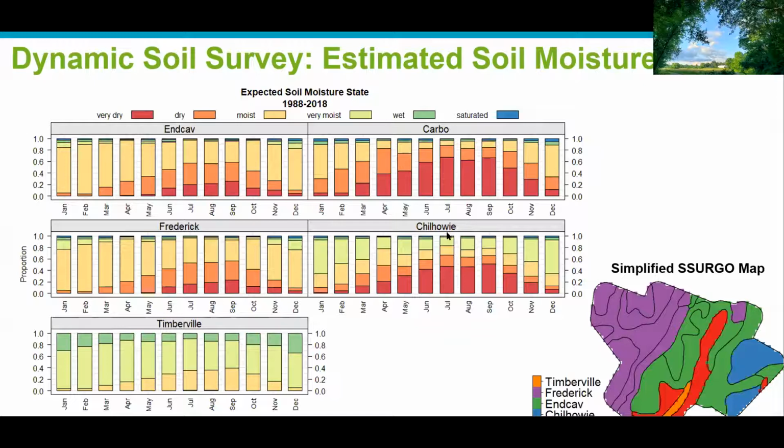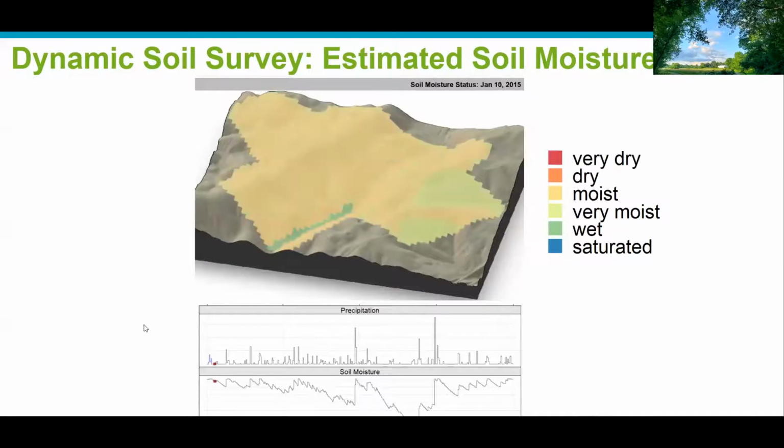And you can look across the landscape and look at the various soil series that are mapped there and recognize that they each have a different model or a different set of estimated soil moistures. But taking that and then putting it together on the landscape. And again, this has not been ground truthed. This is a complete estimate. It's a model. It would need to be ground truthed.